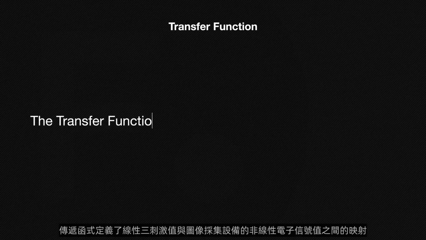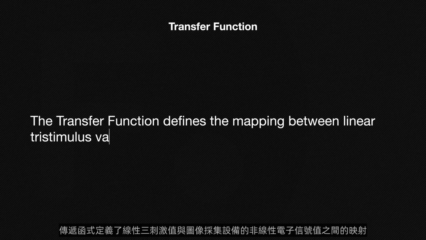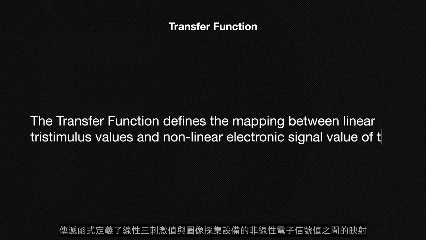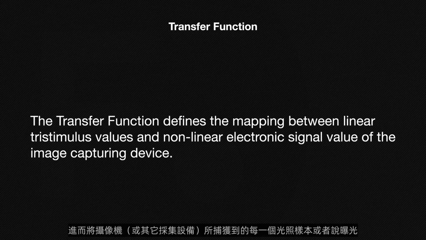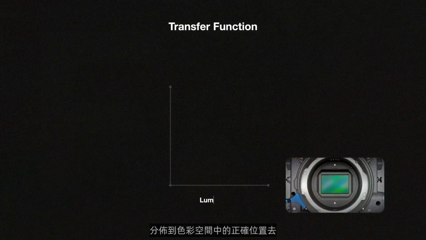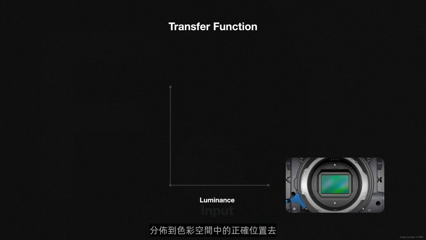The transfer function defines the mapping between linear tristimulus values and the nonlinear electronic signal value of the image capturing device. So, it distributes every sample of light or exposure captured by the camera or any other acquisition device into its right position in the color space.